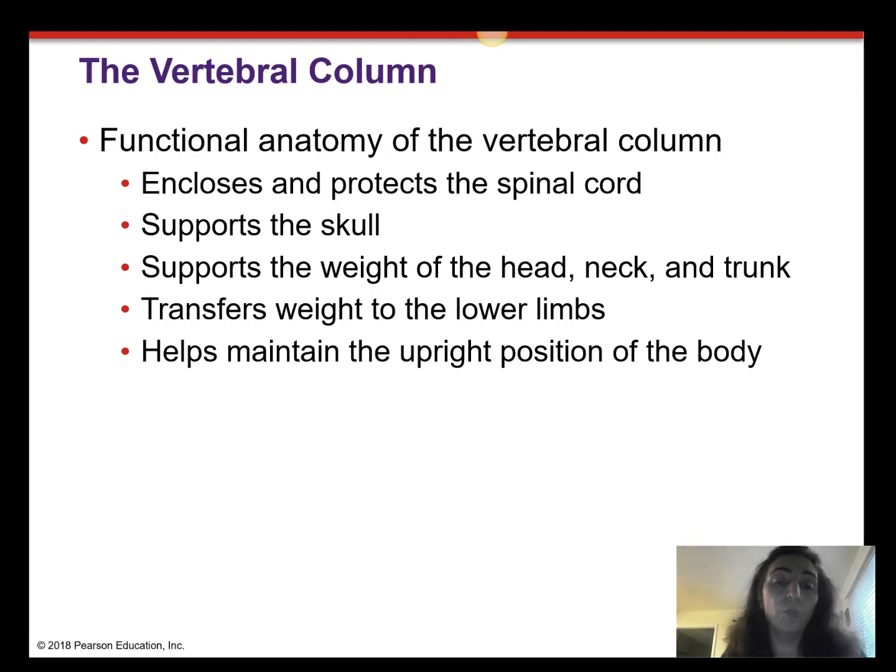It supports the weight of the head, neck, and trunk. It transfers weight to the lower limbs, and also helps maintain the upright position of the body, all by the vertebral column.